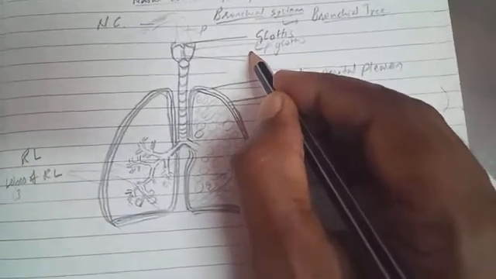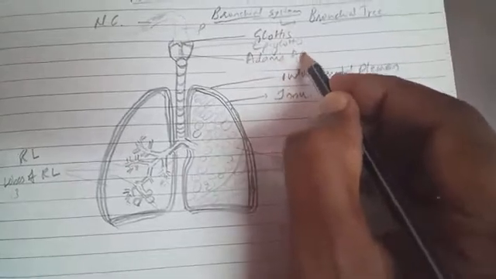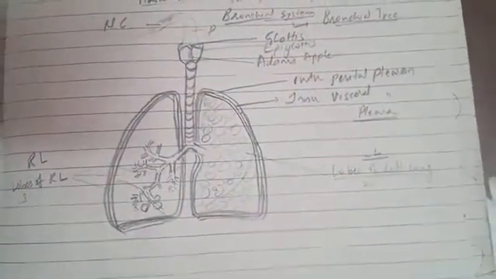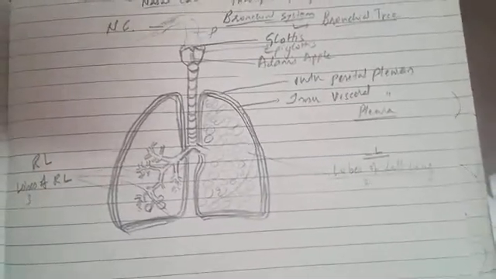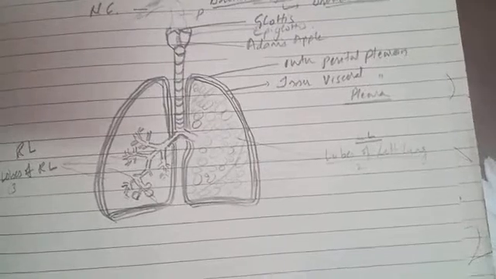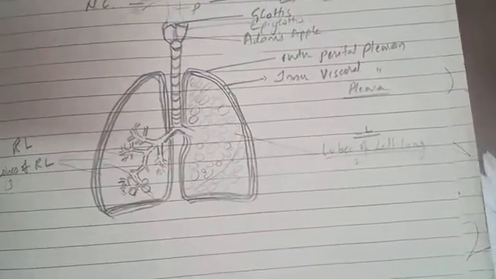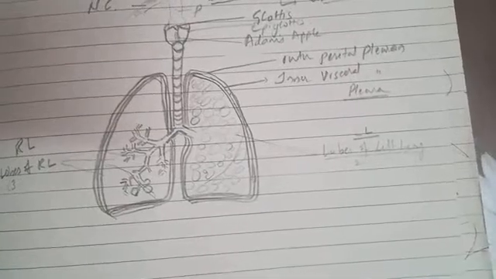We call it the Adam's apple. It's a larynx part, right? So next, the epiglottis closes the larynx when food is swallowed, right?